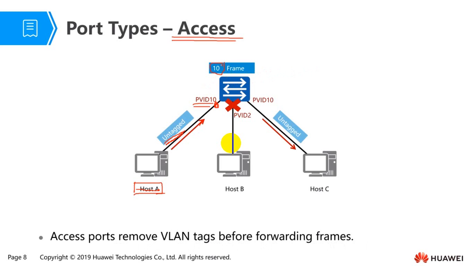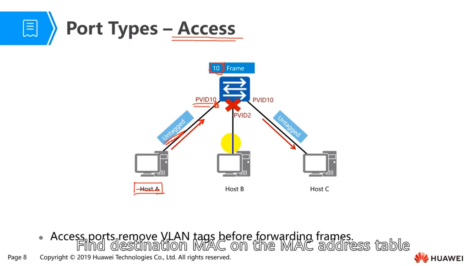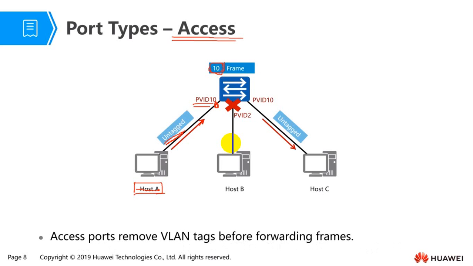It finds the destination MAC in the MAC address table, only in VLAN 10, and then forwards the frame out on VLAN 10. This is the destination MAC.